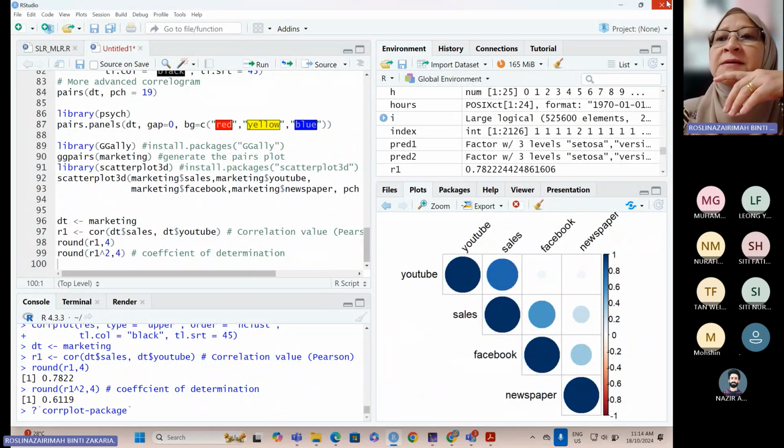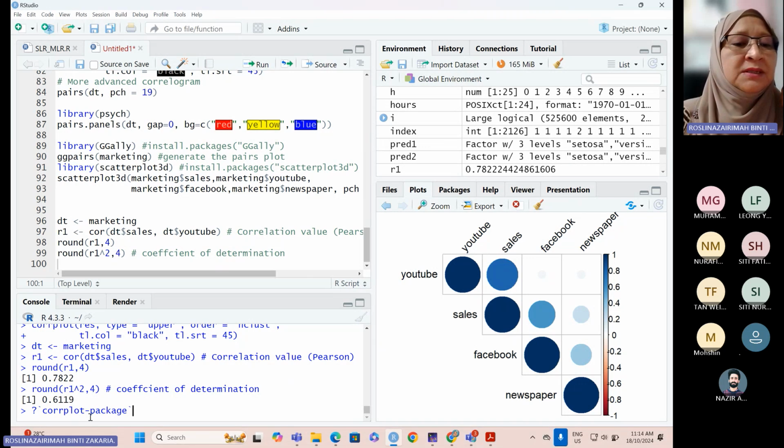Ada tak dia keluar package dia? Dia sepatutnya keluar package lah.